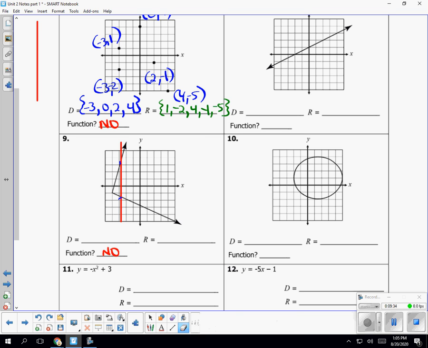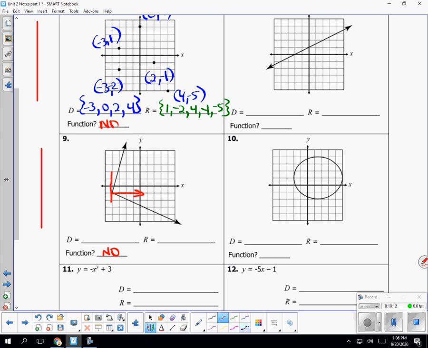So now that we've determined that it's not a function by using our vertical line test, let's take a minute and talk about the domain and range, because it's not as simple as it has been in the previous problems. Now we have to understand that we're not just talking about specific points on this graph. We are talking about every single possible x value on this line when we're talking about domain. So I need to somehow indicate that all of these x values from here forward need to be represented in my domain.